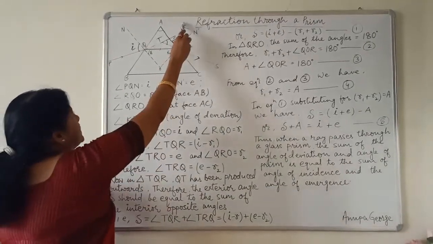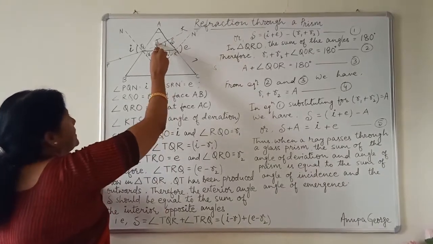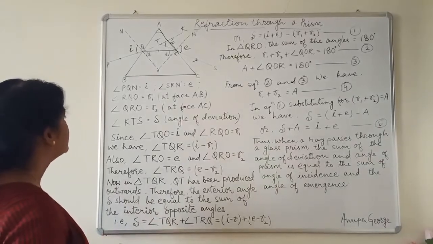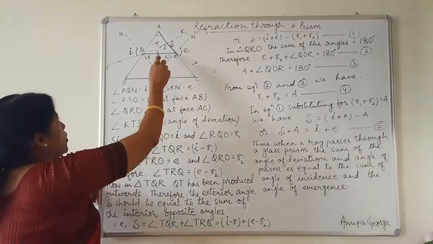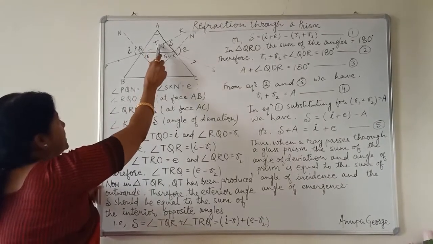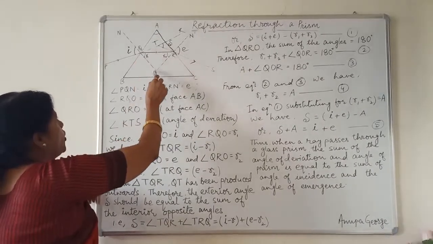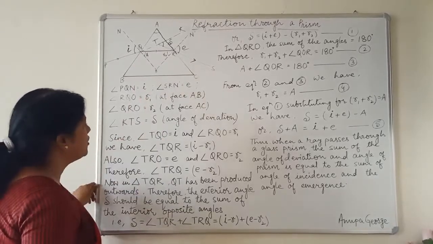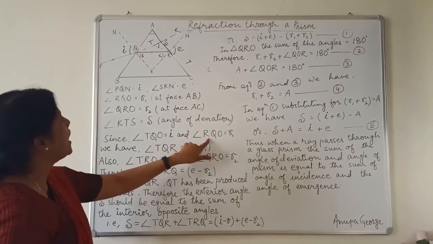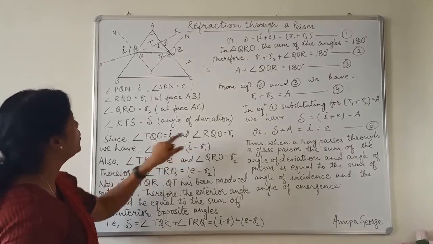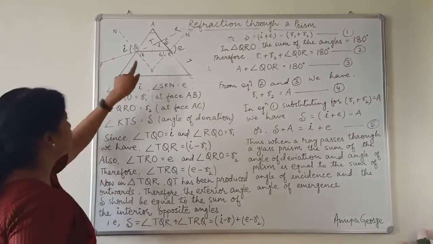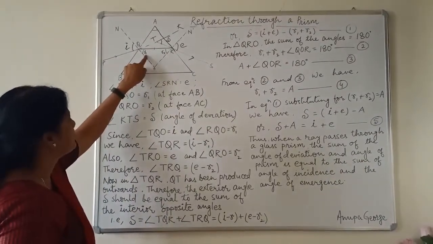Now, angle TQO is equal to the angle of incidence, angle I, and angle RQO is R1.